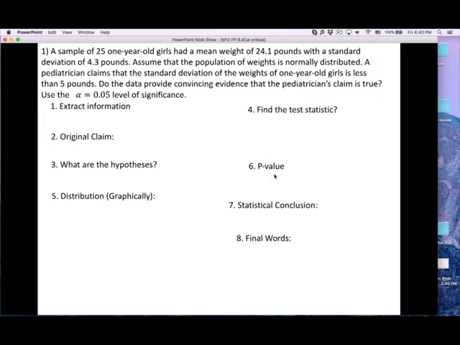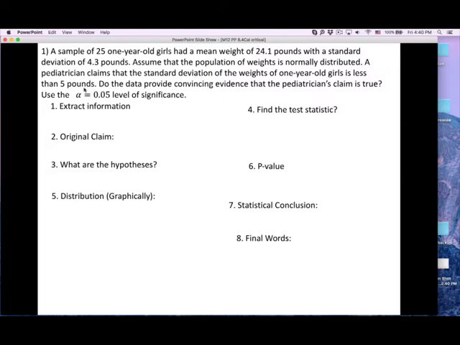Okay, so first I want you guys to look for the claim statement. With the question again, find out which sentence will be your claim statement. Okay, so this is going to be your claim statement, right? A pediatrician claims that the standard deviation of the weight of 1-year-old girls is less than 5 pounds.